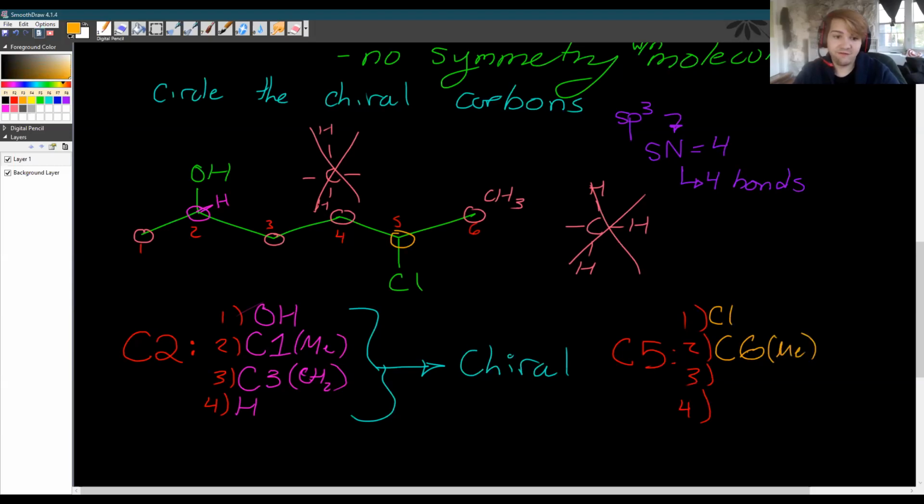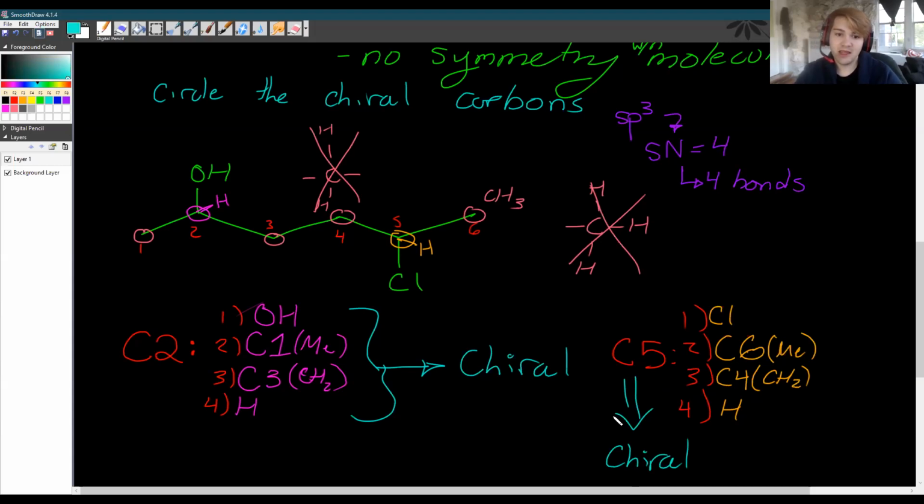We have C4, which goes on to the rest of the chain and is obviously different than C6. And then our last group is, don't forget, that little hidden hydrogen, right? And so once again, do we have four groups? Yes, we do. So C5 is also chiral.